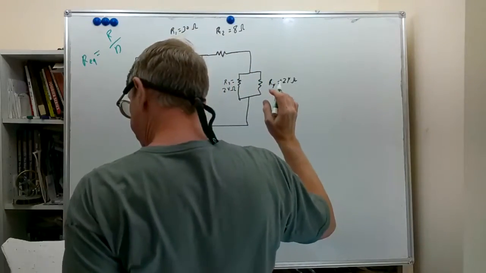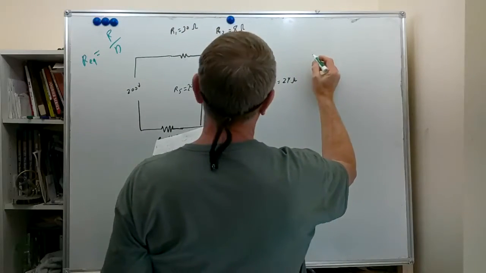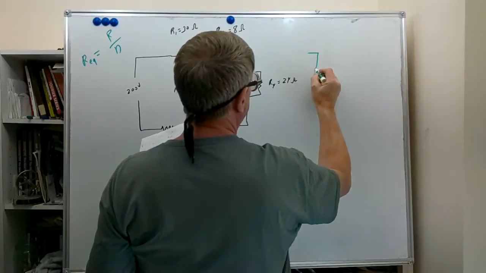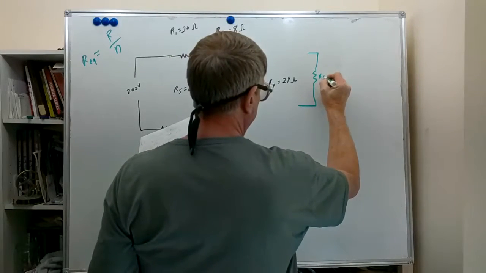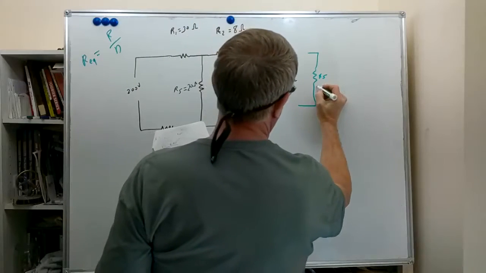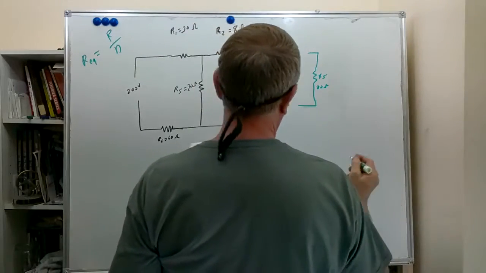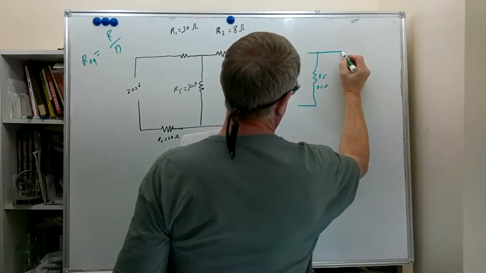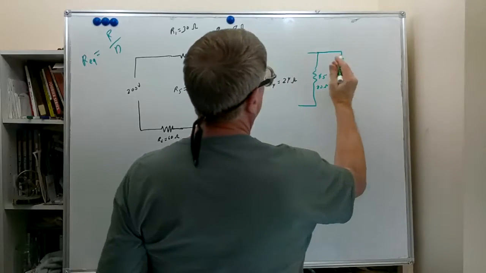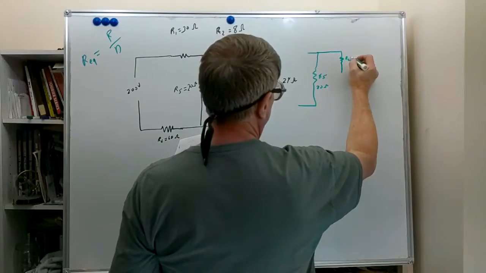So we're going to do a quick sketch of that piece over here. We're going to put R5 there, which is 20 ohms. And we're going to leave R2, drawing it around the corner of the drawing, which is R2 equals 8 ohms.